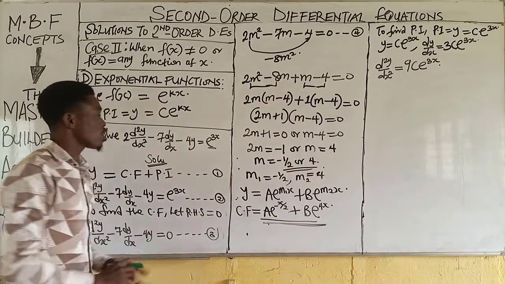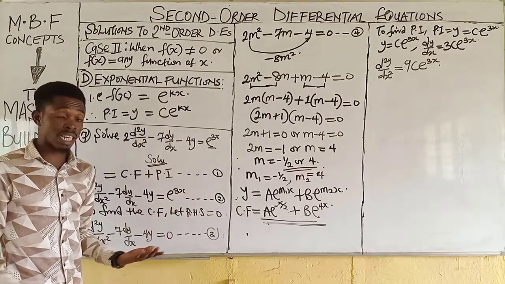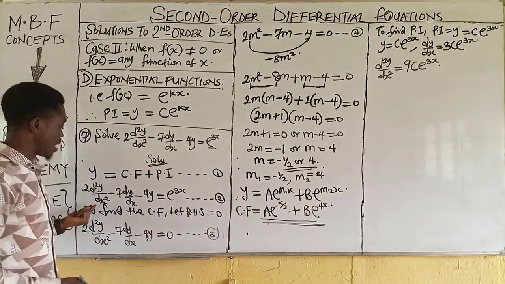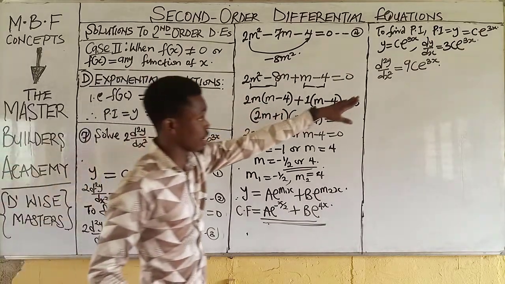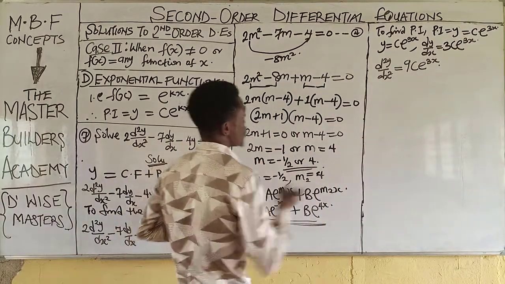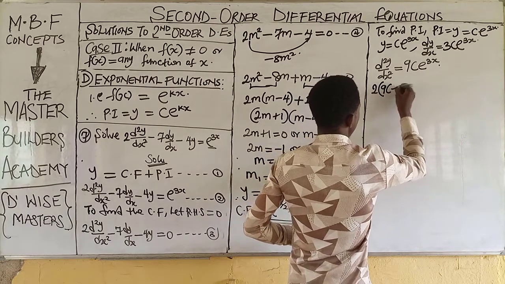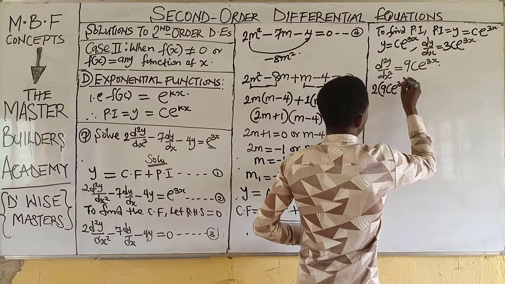Then at this point, guys, all we need to do is to come to equation 2, or the given equation, either, any way you want to take it, and substitute for this d²y over dx², dy over dx, and y via the 3 results that we have here. So I come to this point and I have 2 multiplied by 9c exponent 3x, right?